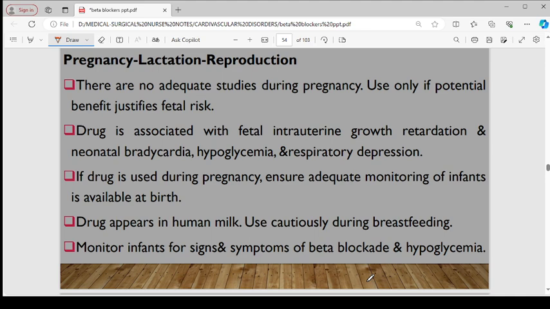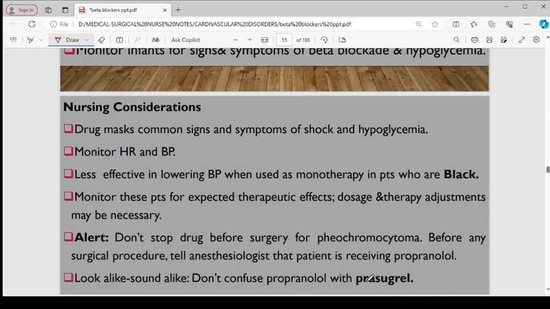Also, you have to monitor the infants for signs and symptoms of beta blockade and hypoglycemia. As a nurse, you have to know that this drug masks common signs and symptoms of shock and hypoglycemia, so you have to monitor heart rate and BP more keenly.